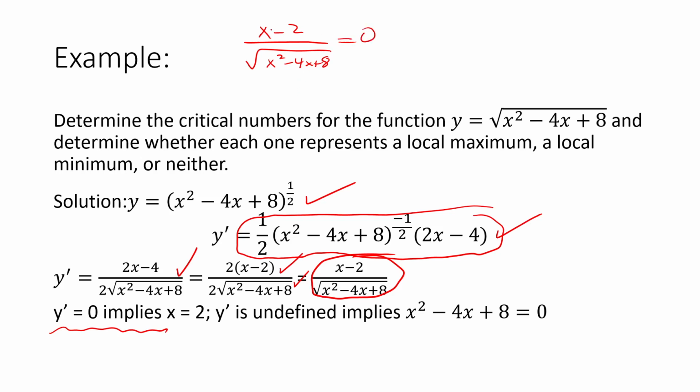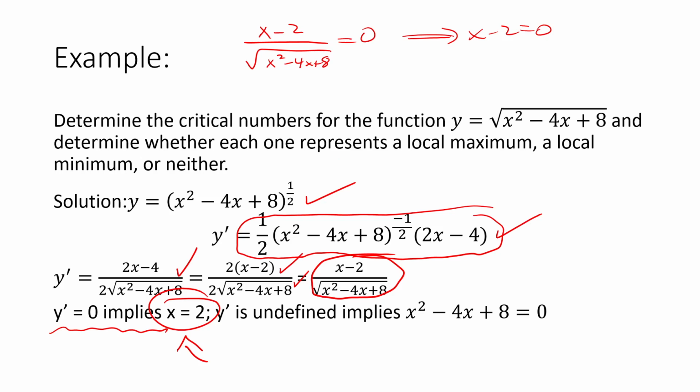So if I let the first derivative itself equal to 0, then multiplying both sides by the denominator means essentially I'm just saying x minus 2 is equal to 0. Solving for x is pretty simple, and that's what we've written down here. We have x is equal to 2. That's the x value that makes the first derivative equal to 0.